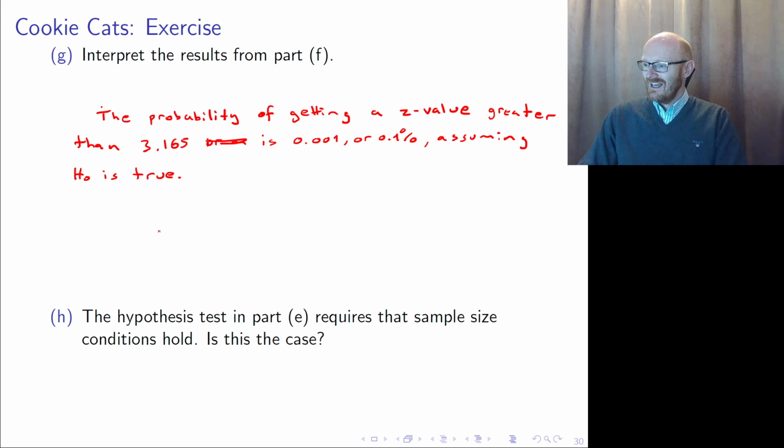Okay, so to part H, the hypothesis test in part E requires that sample size conditions hold. Is this the case? Well, we saw that there has to be 10 misses and 10 hits in each sample. Okay, so the condition is really on n, which is the sample size.